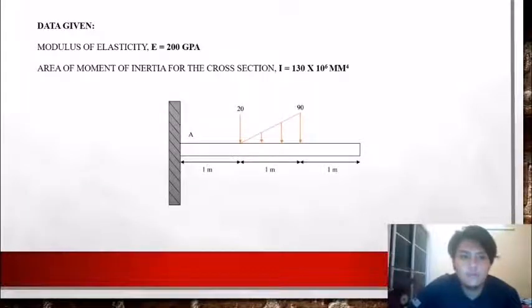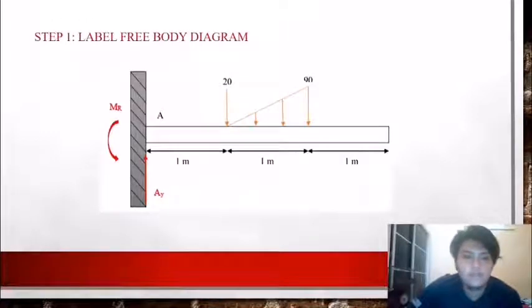Data given: modulus of elasticity E equal to 200 GPa, area moment of inertia for the cross section I equal to 130 times 10 to the power of 6 millimeter to the power of 4. So the figure shows like this. Step 1, we label the free body diagram.